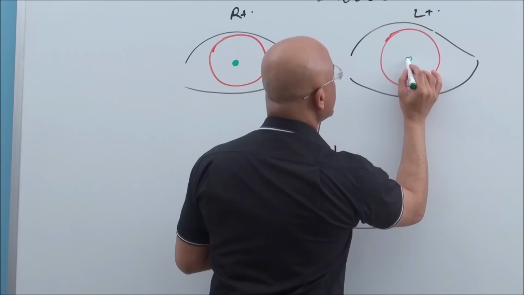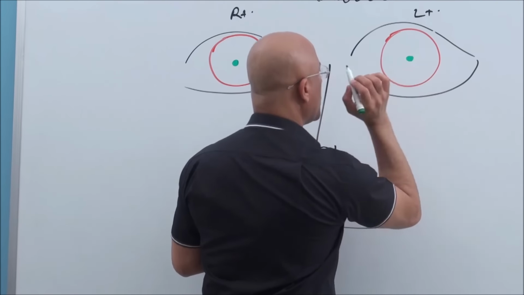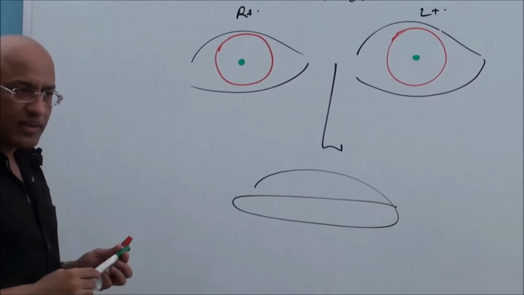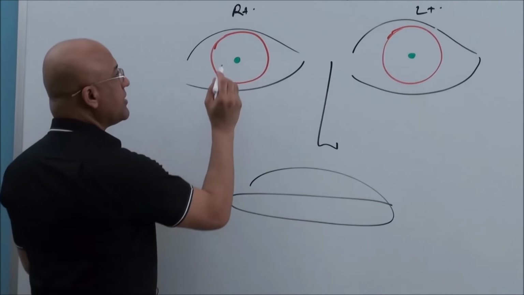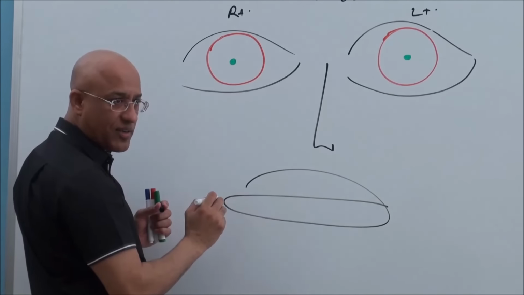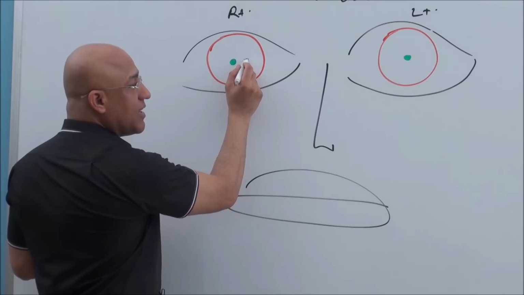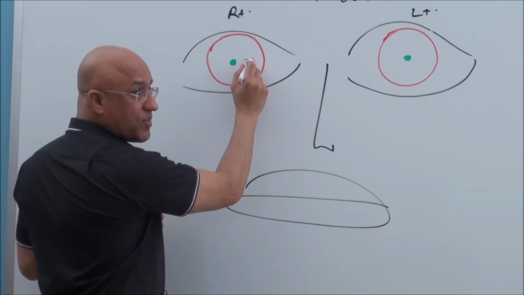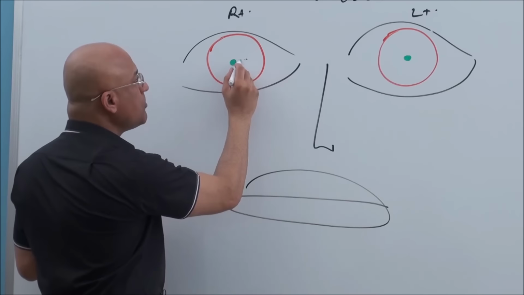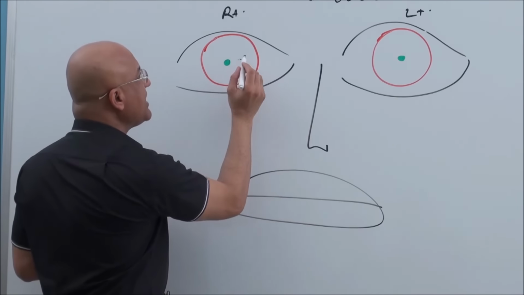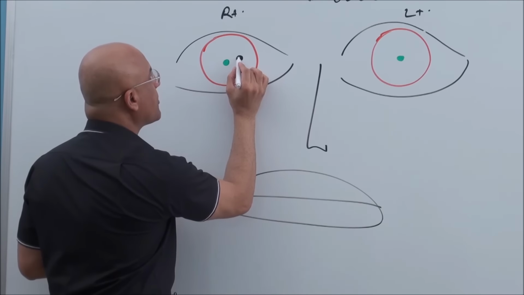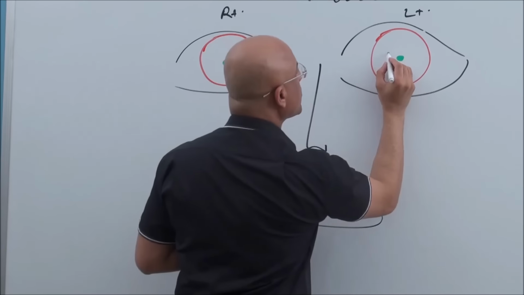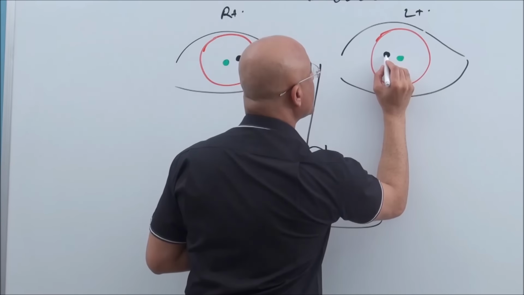This is the posterior pole of the fundus, right? And a little nasally, on the medial side of it, about 3 millimeters medial and slightly superior, here is the optic disc. And here is also the optic disc.